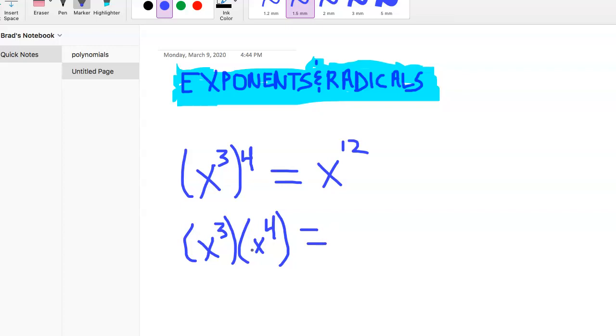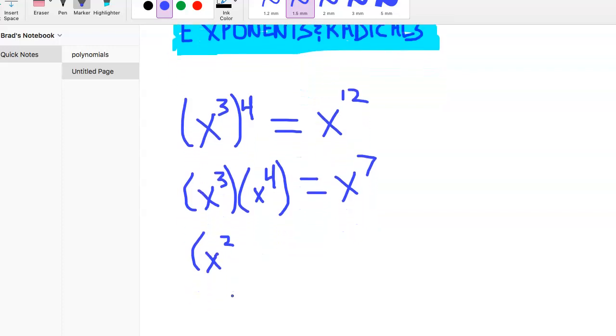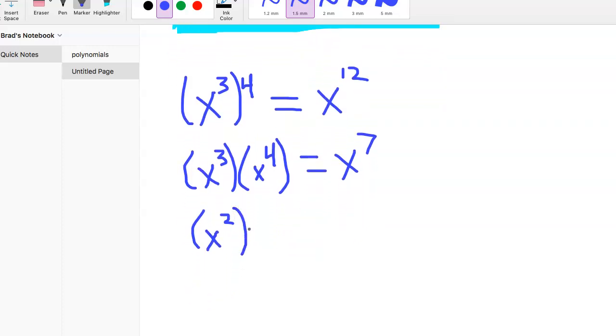But down here, x to the third times x to the fourth, which is what we did on the first two problems, we're adding these exponents. 3 plus 4 is 7, and we get x to the seventh. So those are really two different types of problems. Just to do one more here, since we do two of each kind: if we had x squared to the sixth, that would equal, the same as this problem up here, where we multiply the exponents.